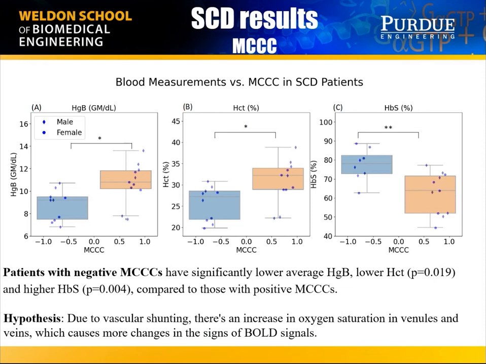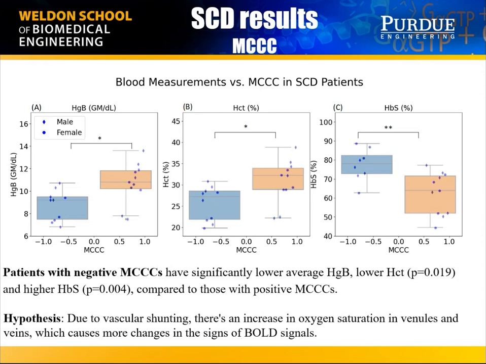You can clearly see that the sickle cell patients who have a lower hemoglobin level, a lower hematocrit level, and a higher sickle hemoglobin tend to be the ones who have negative MCCCs. So in other words, the sickle cell patients who suffer severe symptoms tend to be the ones who give you negative correlation between global mean and superior sagittal sinus. So why is that the case?